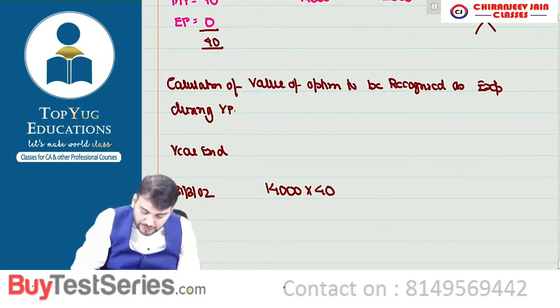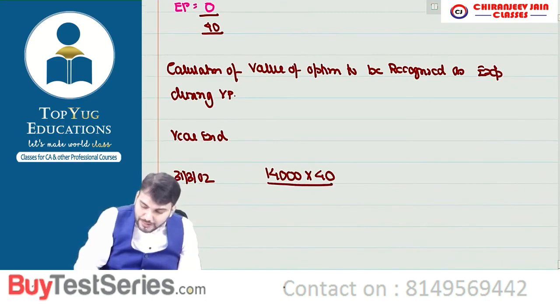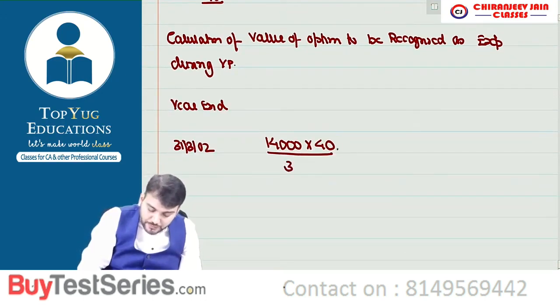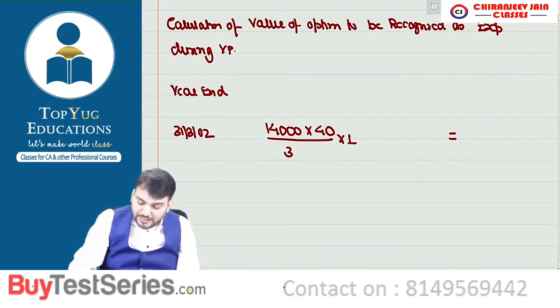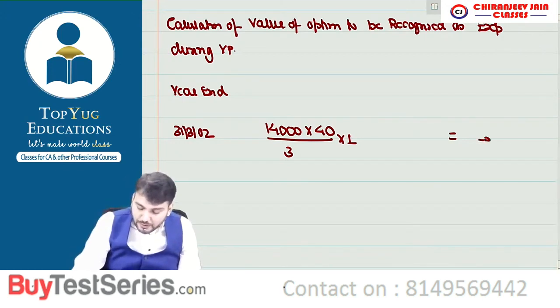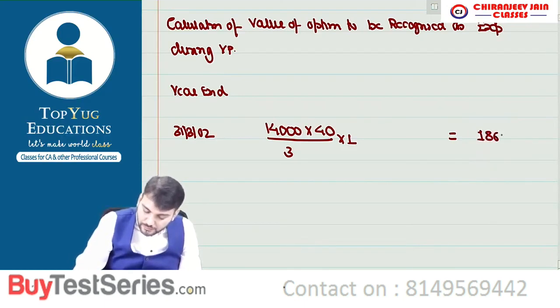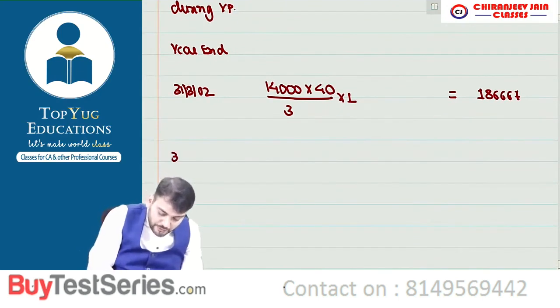So 14,000 into 40 divided by 3 into 1 is equal to 1,86,667.